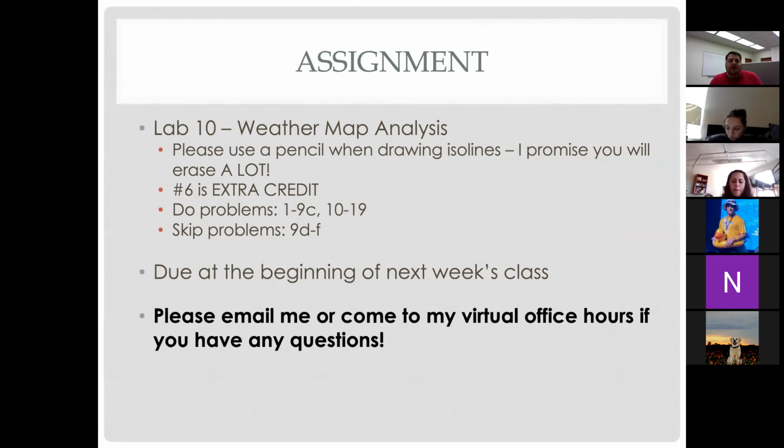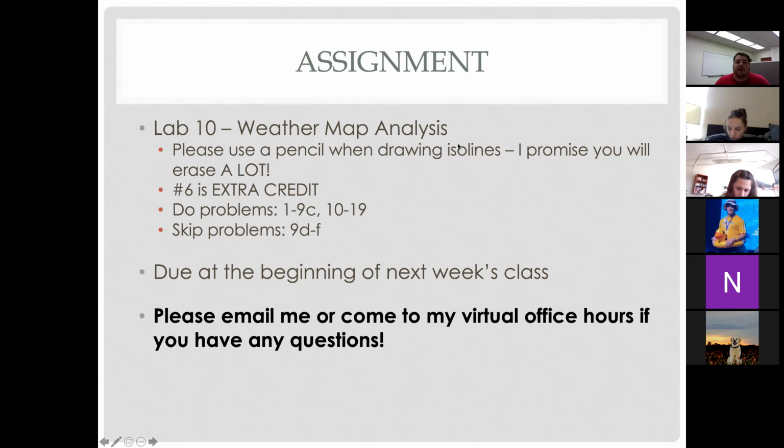If you have the physical copy of the lab manual, use a pencil whenever you're drawing the isolines, because until you get the hang of it, you're going to be erasing a lot until you find where the isolines are. So if you're drawing it on paper, use pencil so you can erase.